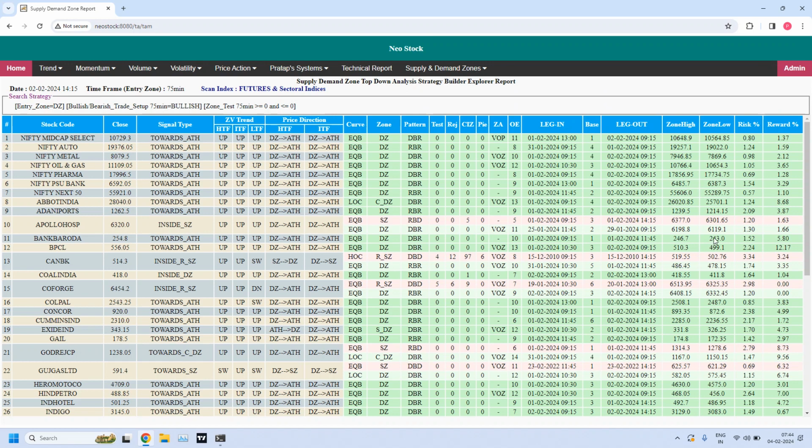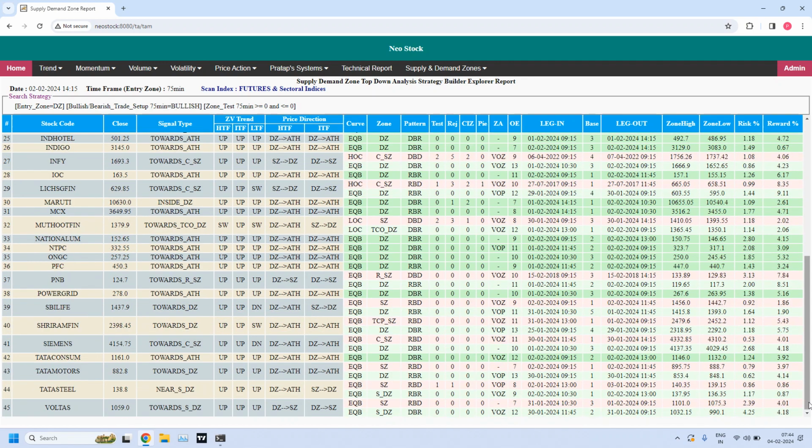Now the list is reduced. Let me scroll down. Now it has come down to 45 from 73, or 79. Okay, whatever it is, now the list has come down to 45. But still 45 is a big number for us. We don't have time to analyze all these stocks.